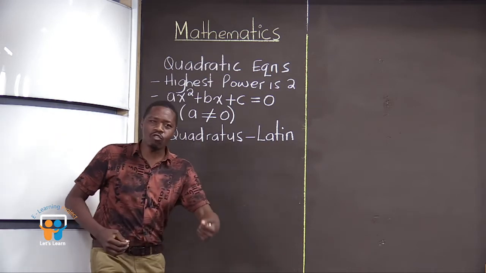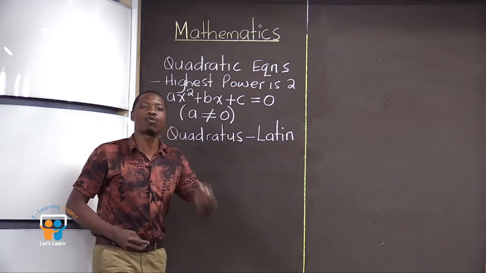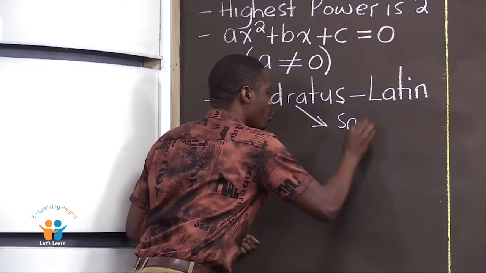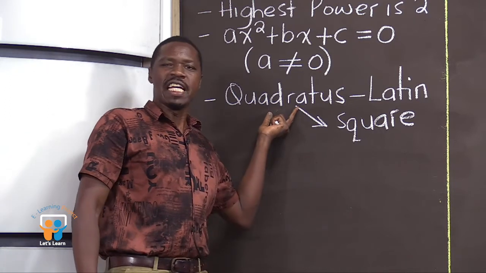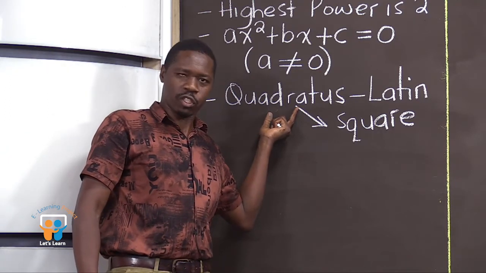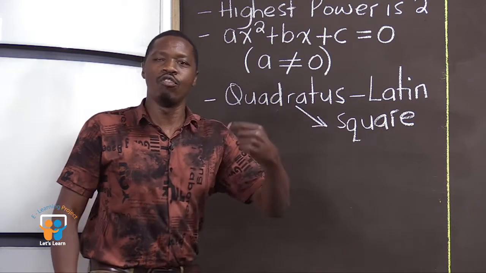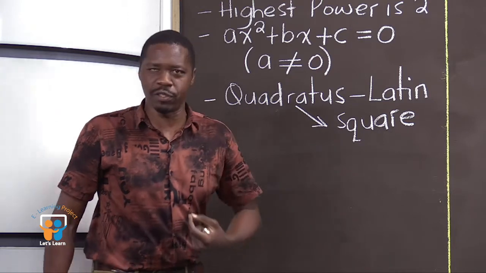But what does quadratus mean? Quadratus in Latin simply means to square. When this was pushed into the English dictionary, instead of calling it quadratus, they called it quadratic. That's why we have quadratic equations.